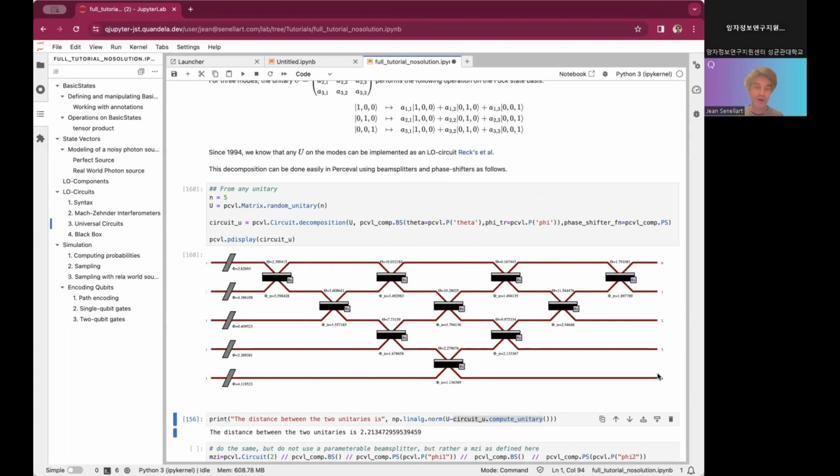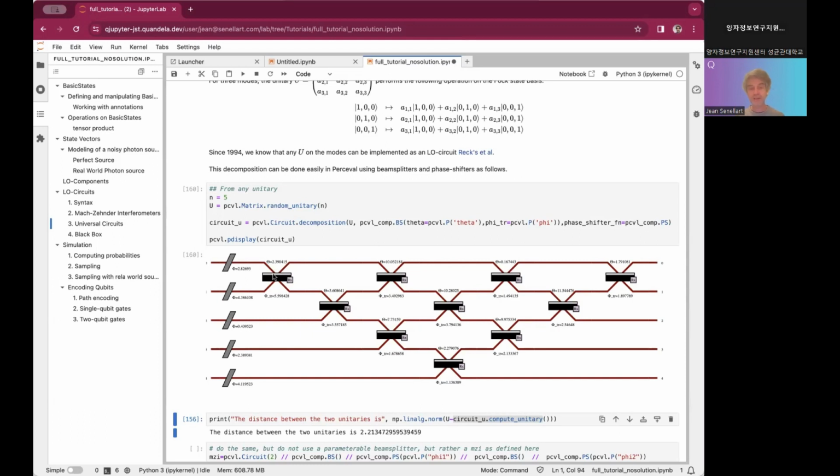You can take this property into account: if it is really a problem of mode, then I will put my most important mode at the bottom of my circuit, and the one where I don't care, for instance on post-processing heralds, on the top mode. So you can use that property if you want to take that into account.